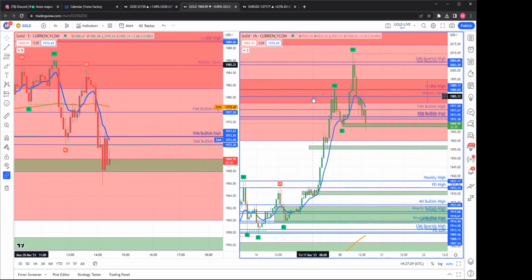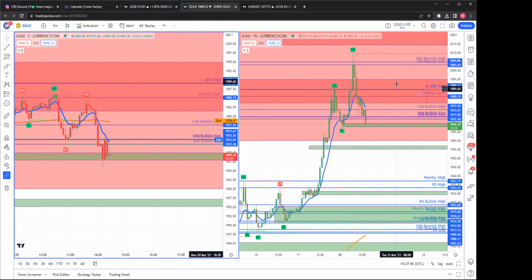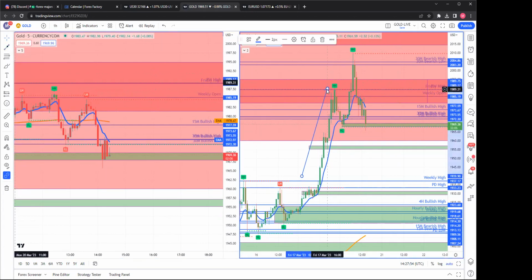So we have a head here, left shoulder here, and we have a possible right shoulder that can be formed. So if we go on the hourly chart, we have a possible right shoulder that can be formed around 1988, because this is what I see right here, right? So we have this left shoulder.